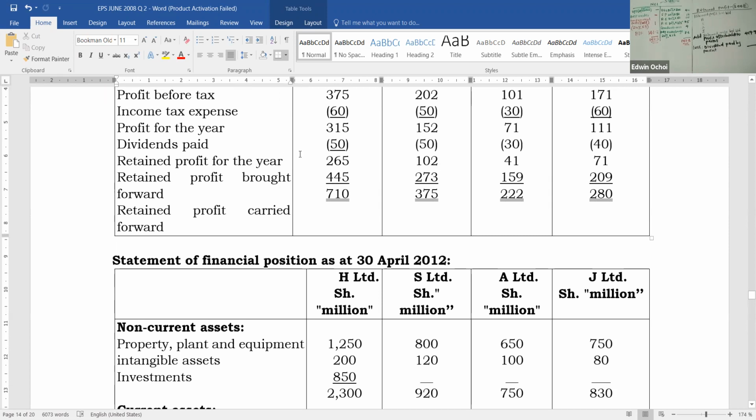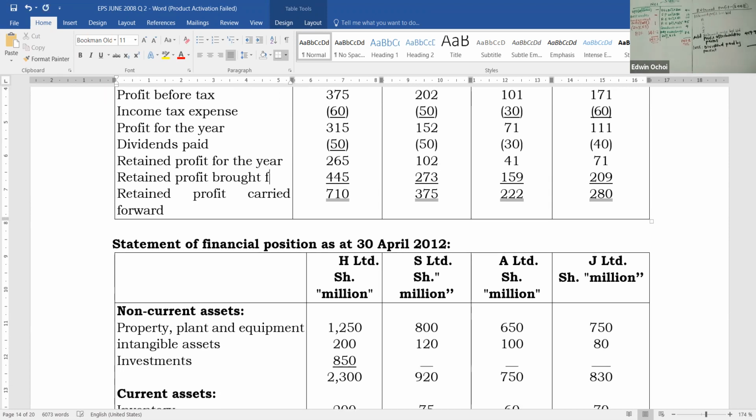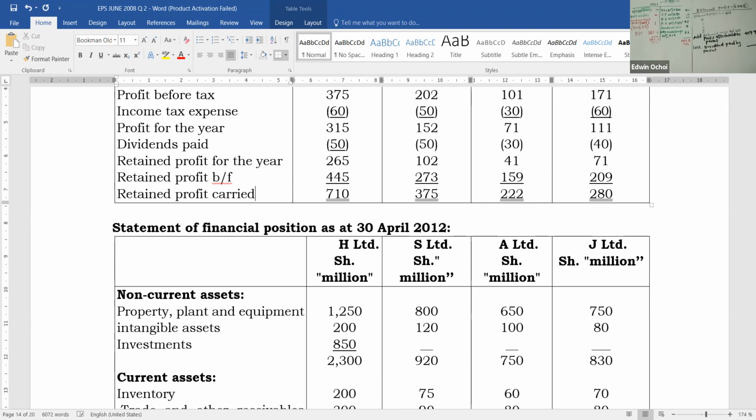So the dividends which were paid by the parent here was 50.